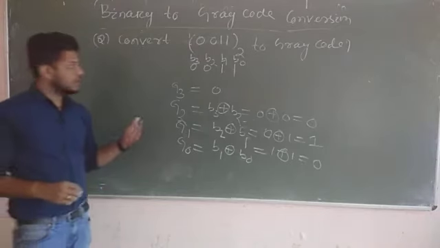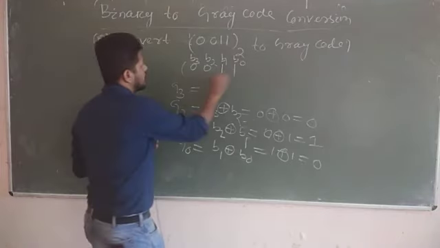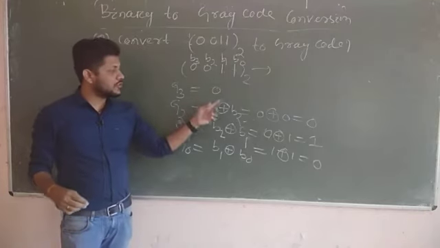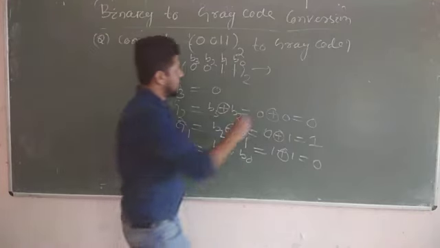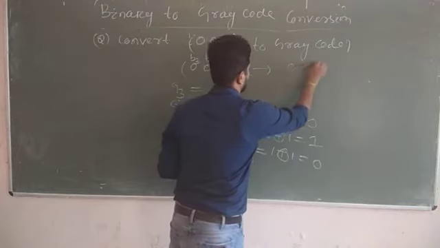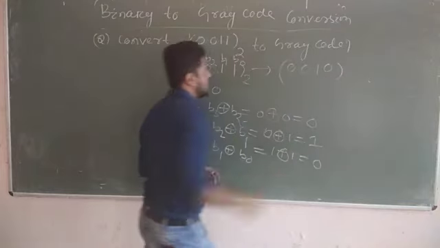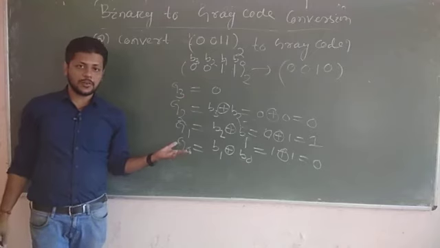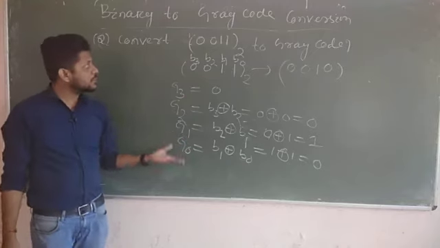So finally, what will be the answer? The most significant bit is the same, so the answer in gray code is 0010. I think you have all understood this binary to gray code conversion. It is very simple.